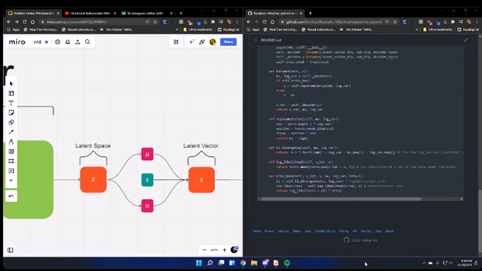Right. So what should it be? It should be plus the log variance.